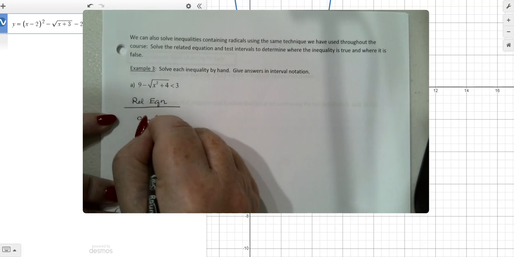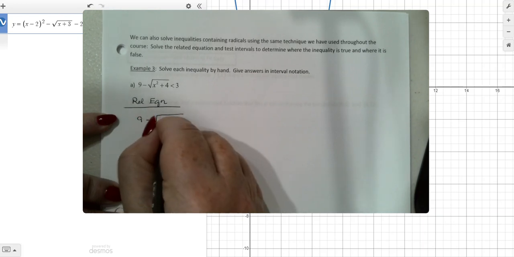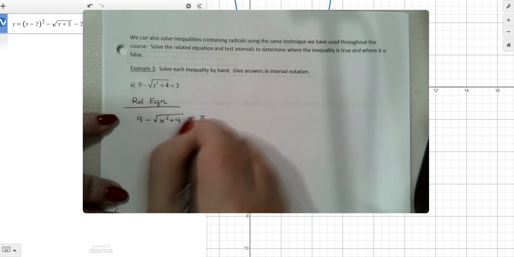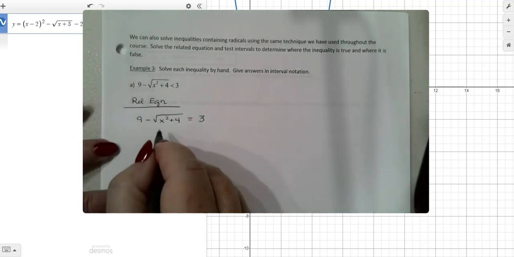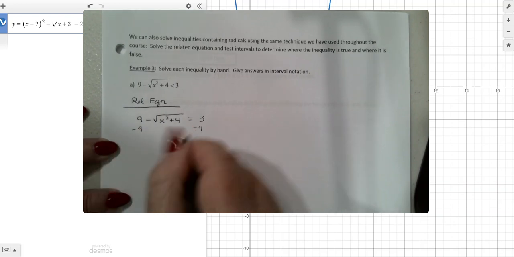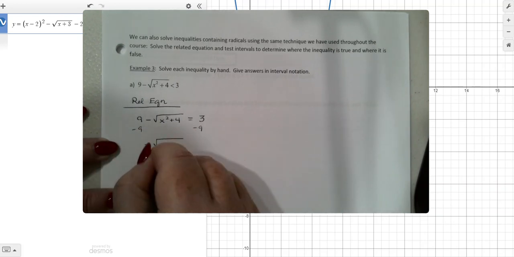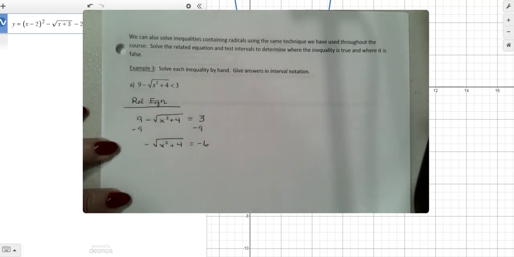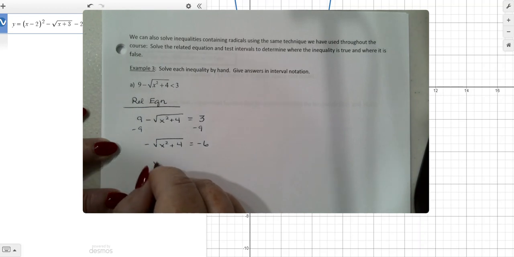It would be 9 minus the square root of x squared plus 4 equals 3. If I want to get the square root by itself, I could subtract 9. And I can even divide both sides by -1, which would make this one positive.